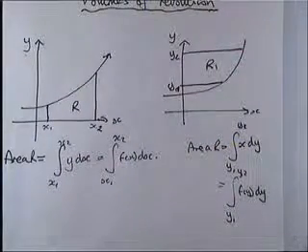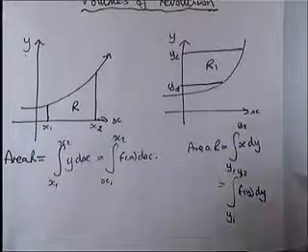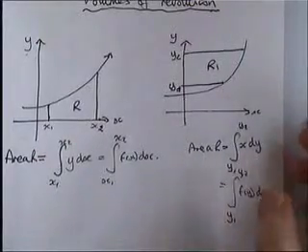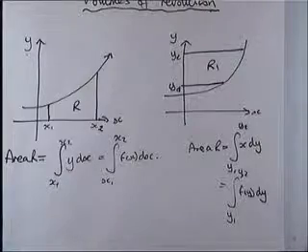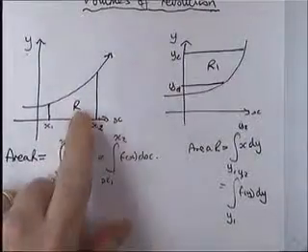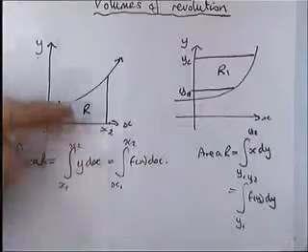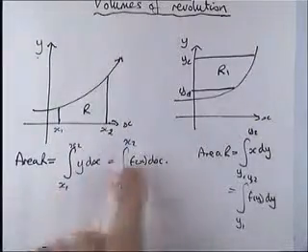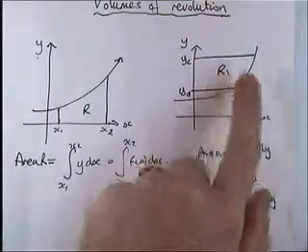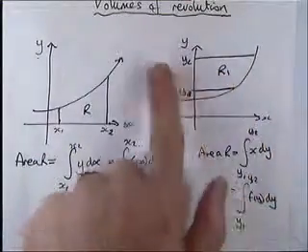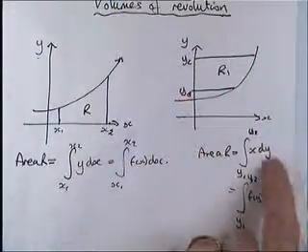We would have had to make it a function of y rather than a function of x. Okay. So the same idea happens with volumes of revolution. If we are finding the area here and then rotating it around the x-axis, then we're integrating with respect to x. If we are finding the area R1 and then rotating around the y-axis, then we're integrating with respect to y.